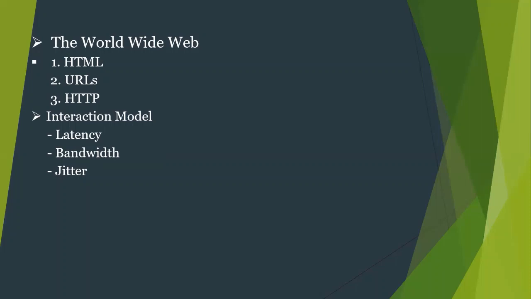Different types of web browsers and web servers are available nowadays, which can be used for information storage and retrieval as per end user requirements. The three main components of the World Wide Web are hypertext markup language, that is HTML, uniform resource locator, that is URLs, and the third one is hypertext transfer protocol, that is HTTP.